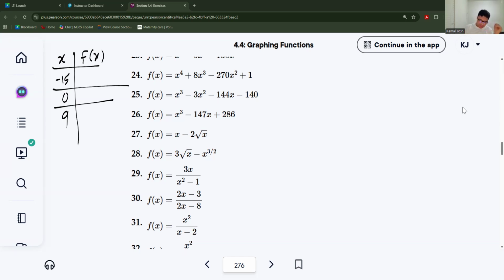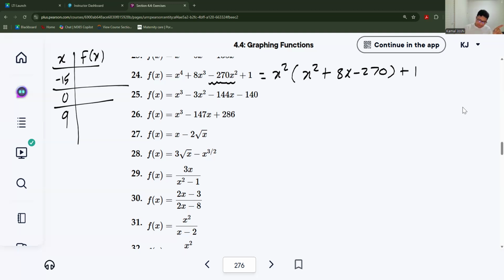I see minus 270 x square. This is a big term. This is going to make things negative. So I'm assuming it's going to be negative. Let me try. If I take x square as a common factor, I get x square times (x square plus 8x minus 270), then plus 1. I'm not factoring it. I'm just trying to see whether the values will be positive or negative at minus 15.